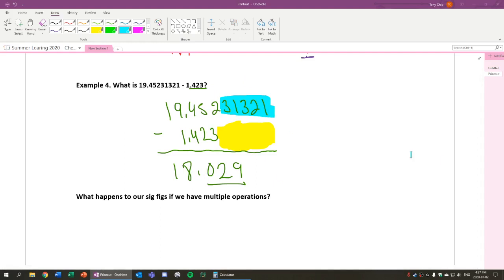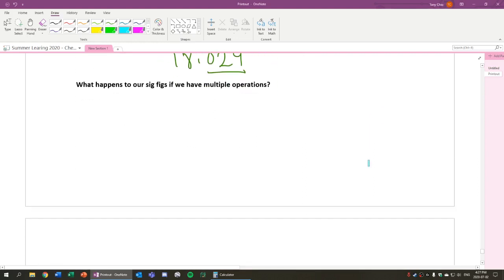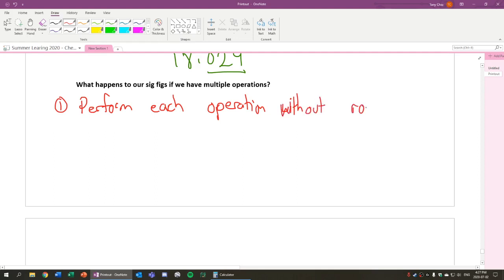Our last example we're going to talk about is what happens if you have multiple operations, like BEDMAS. In this case, what we've got to do is perform each operation without rounding. That's the first thing we've got to take care of. So do not round until the very end.